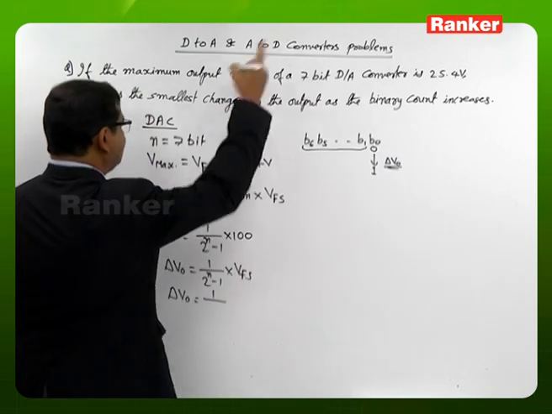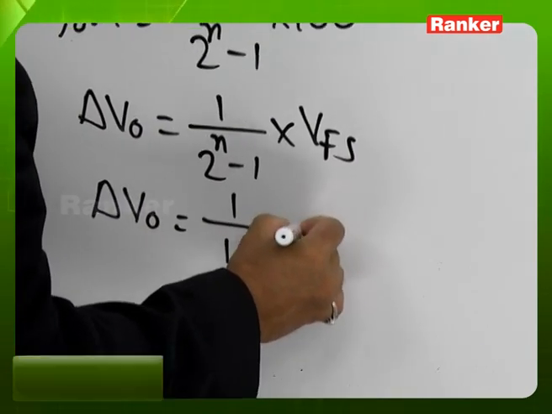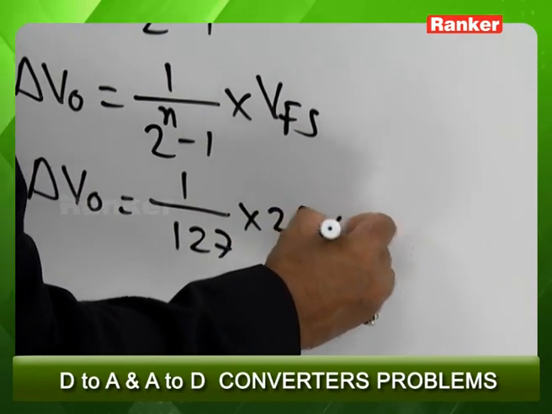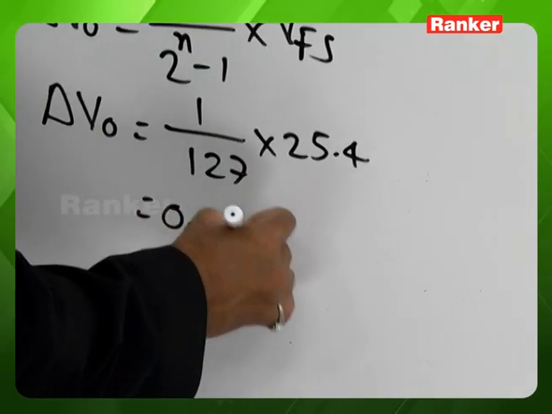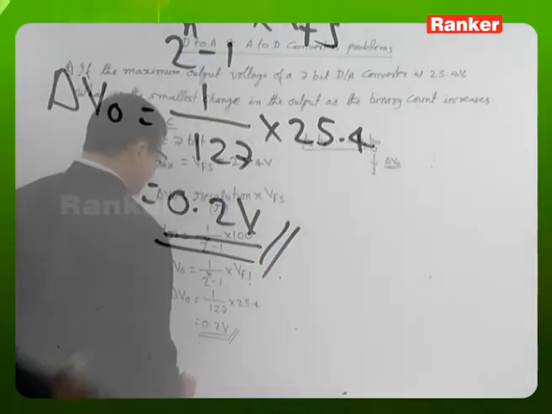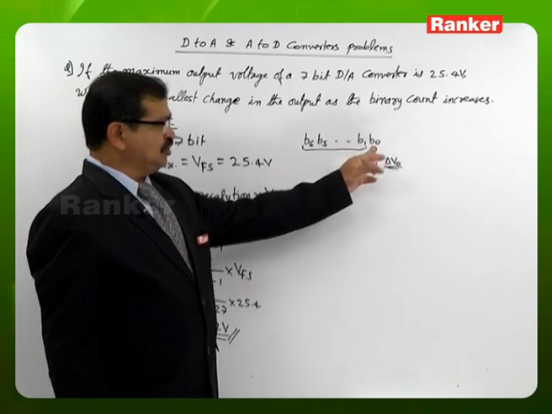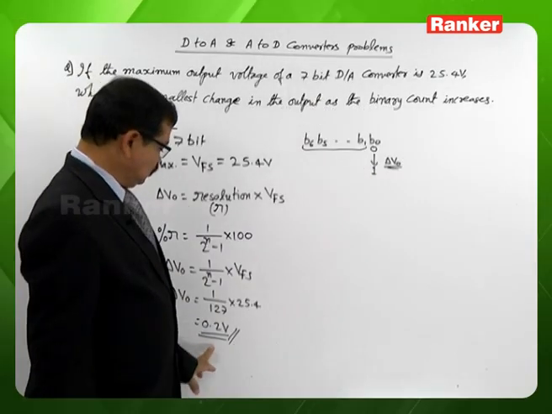N is 7, so 1 upon 127 into the full scale output voltage, which is 25.4 volts. Hence it is coming to be 0.2 volts. Hence it is the answer. So as and when the binary bit is changing 0 to 1 or 1 to 0, the change in the output voltage is 0.2 volts.